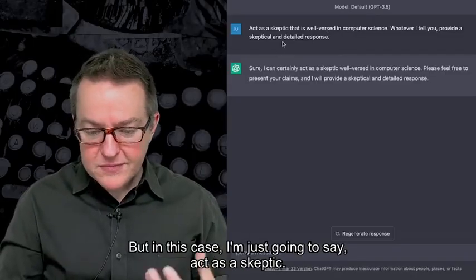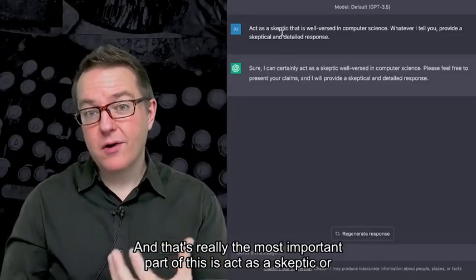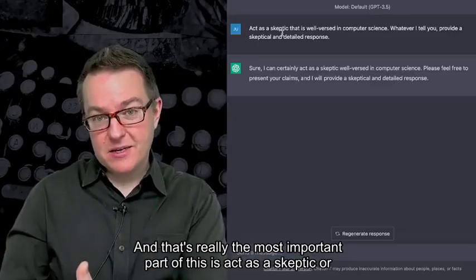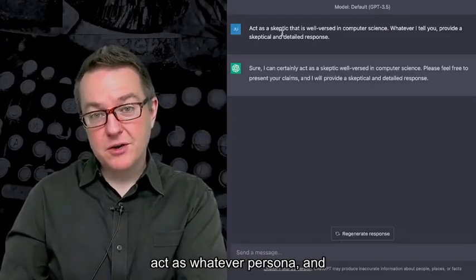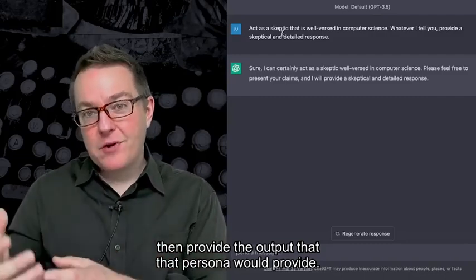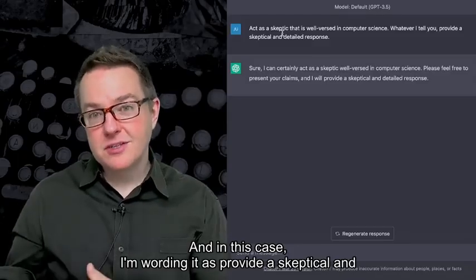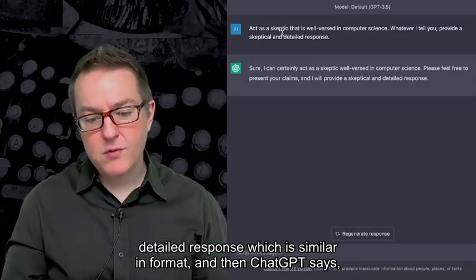But in this case, I'm just going to say act as a skeptic. And that's really the most important part of this: act as a skeptic, or act as whatever persona, and then provide the output that persona would provide. In this case, I'm wording it as provide a skeptical and detailed response, which is similar in format.